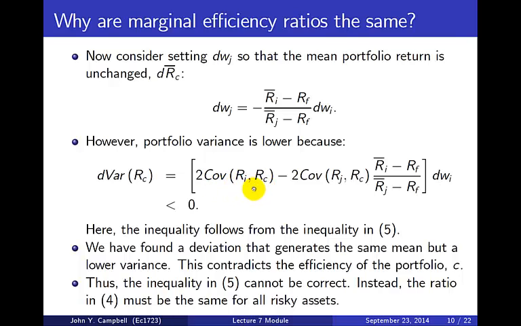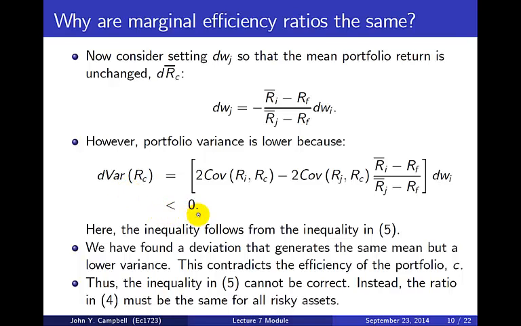And then there's the indirect effect, which comes through dwj, which has this ratio to dwi, and that indirect effect is proportional to twice the covariance of rj and rc. All right, now we would find in this case that I'm talking about, we would find that this change in variance is less than 0.